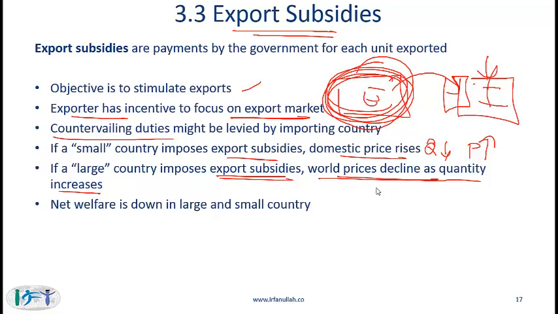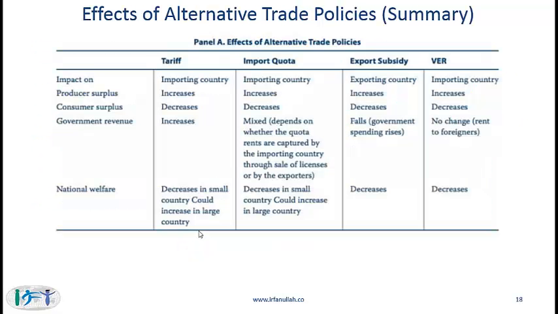When this happens, the benefit of the subsidy is actually being partially transferred to the importing country. The net welfare is down both in the cases of a large country as well as a small country. The net welfare decreases further, or decreases actually more, in the case of a large country, because some of the benefit is being transferred to the trading partner or the importing country.